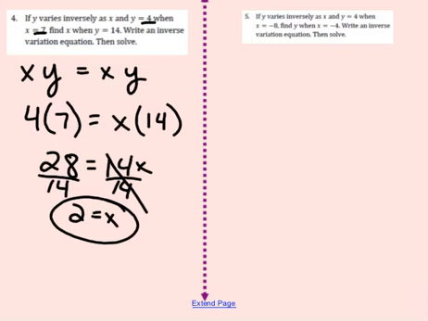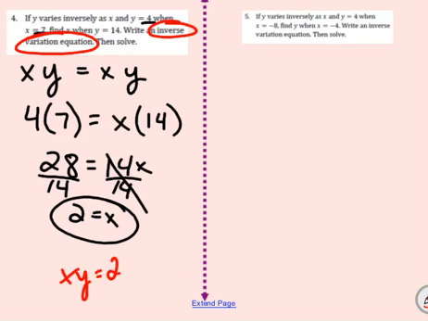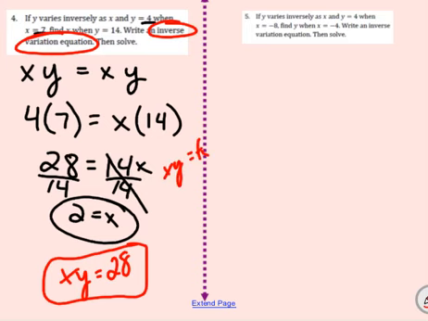Now I would mark this wrong on your quiz. You get a point off because you didn't write the equation. The equation should probably be xy equals 28. Now how did I get that? I know xy equals k, and right here I multiplied the 4 and the 7 together.